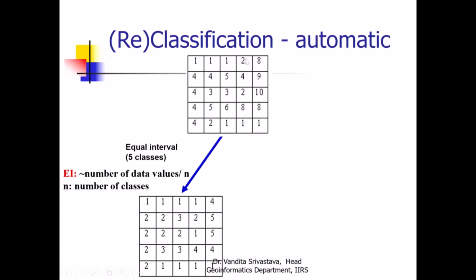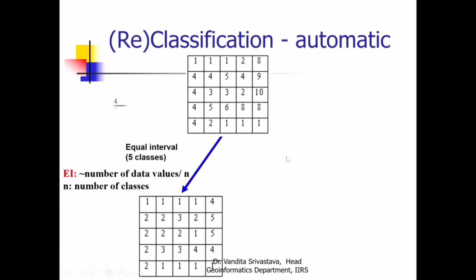So 1 and 2 are merged as 1. 3 and 4 are merged as 2. And 5 and 6 are merged as 3. And then 8 is merged as 4. 7 is not present here, so only 8 is there. And then 9 and 10 are merged as 5. So you see here 5. So this is 4, 4, 4, and this is 5, right? So this is how equal interval classification works.